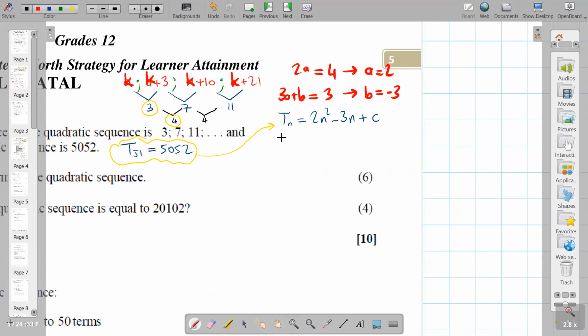What is T51 then? It is 2 times 51 squared minus 3 times 51 plus C. So this should be equal to 5052. So I just need to solve that equation. When I find C, I'll get my general term. So it's just finding C from here. C is missing.